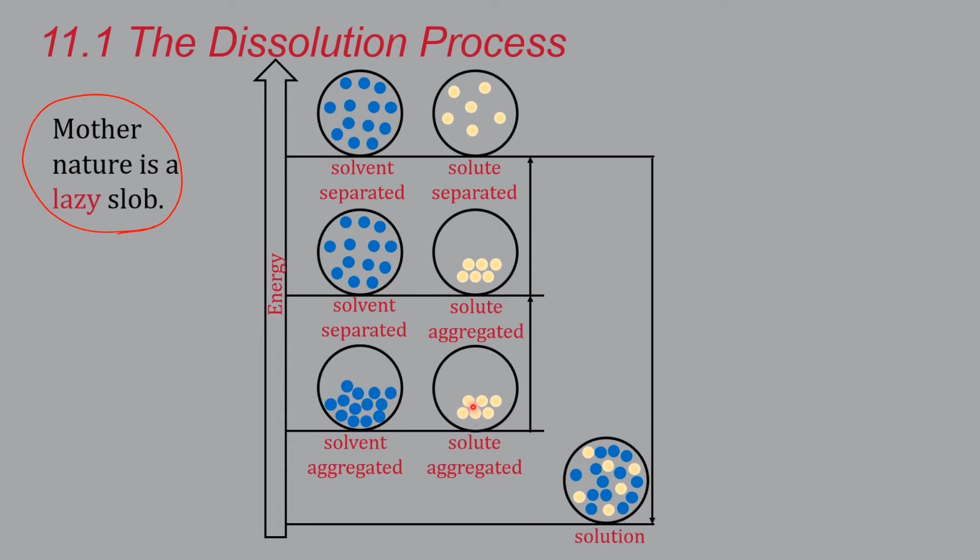So even though we had to put in energy for these two steps, we got more back in the solvation step. And that energy difference here is the heat of solution.